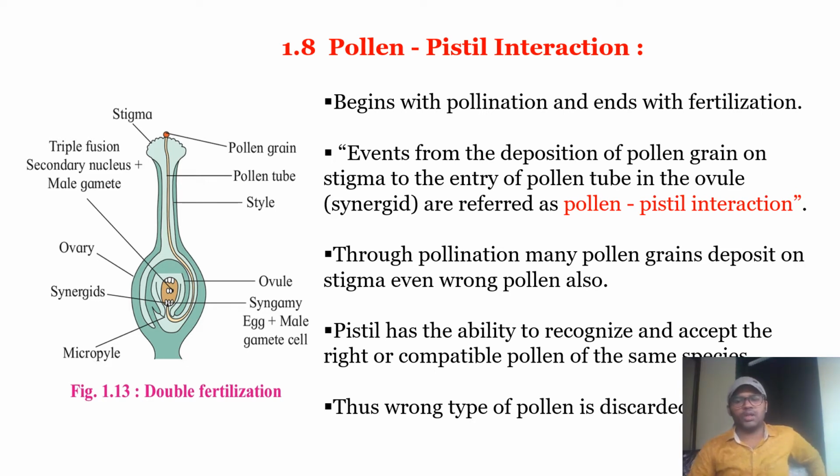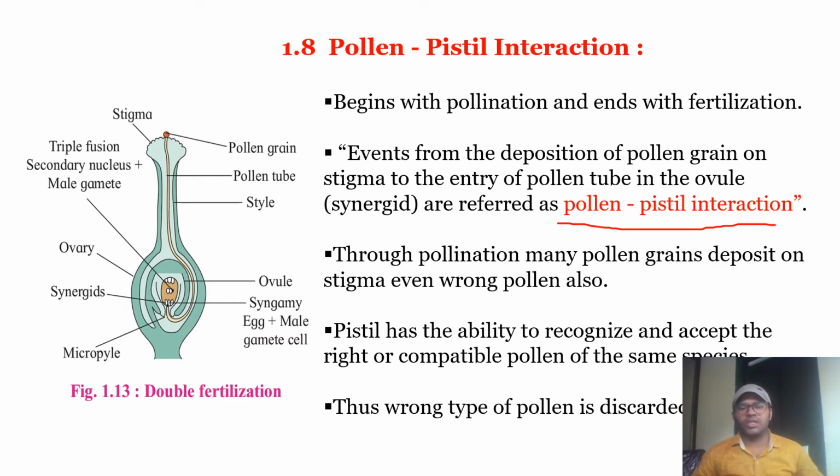So such pollen grains automatically get discarded from pistil, and these events, that is deposition of pollen grains on stigma to the entry of pollen tube into ovule, are said to be pollen-pistil interaction.